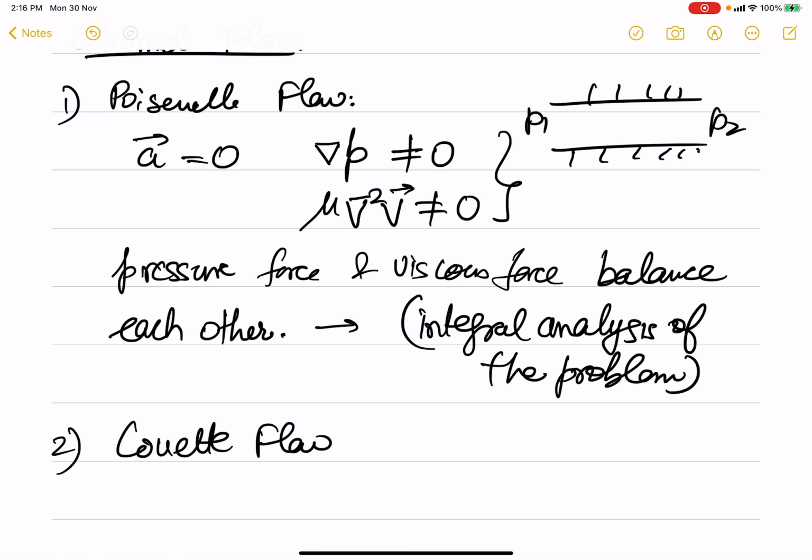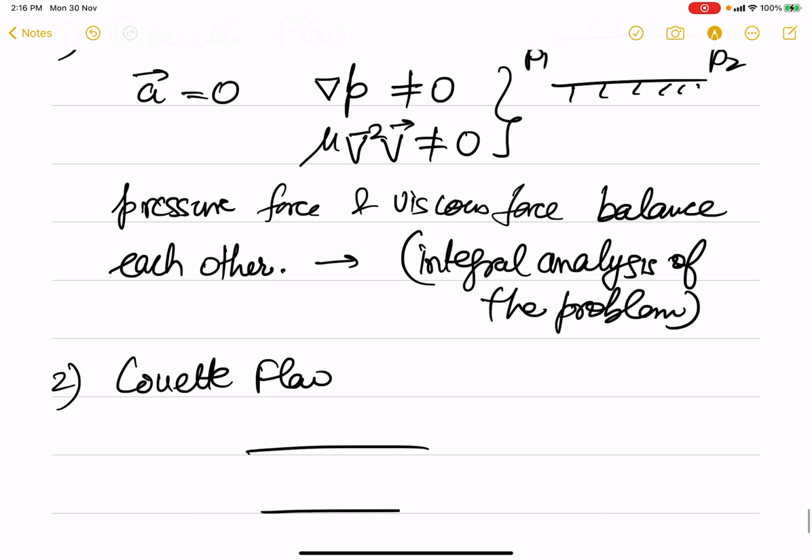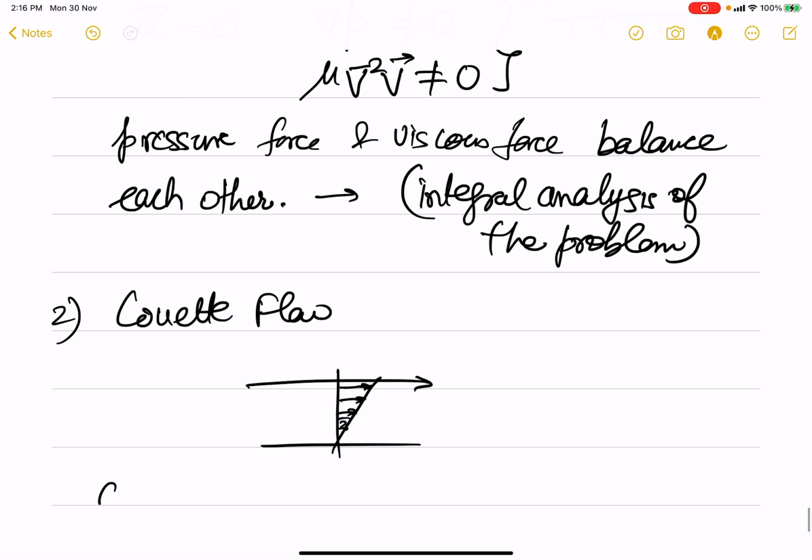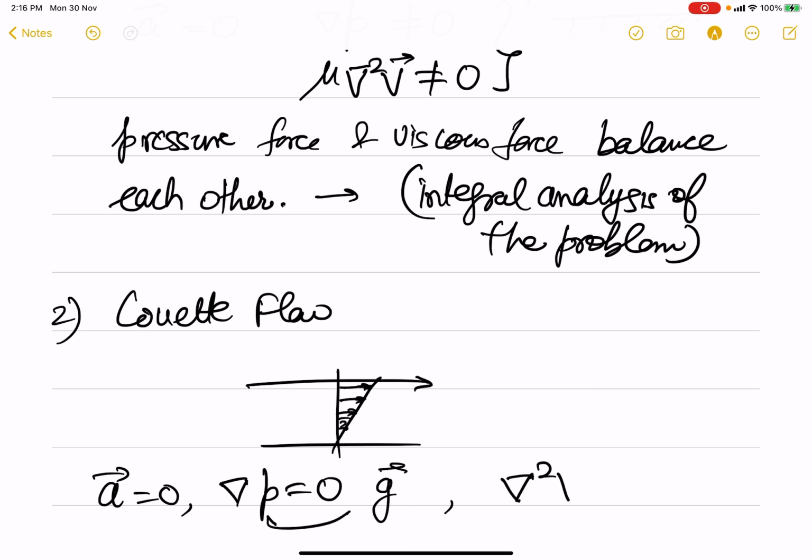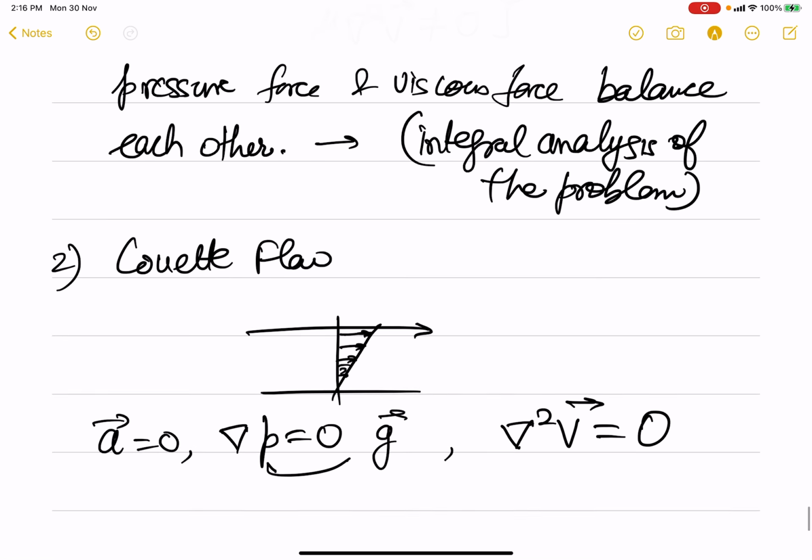In Couette flow, the top plate moves and the velocity profile looks like this. Once again acceleration is 0, grad P is 0, gravity is combined with pressure, and we have just del square V equal to 0.